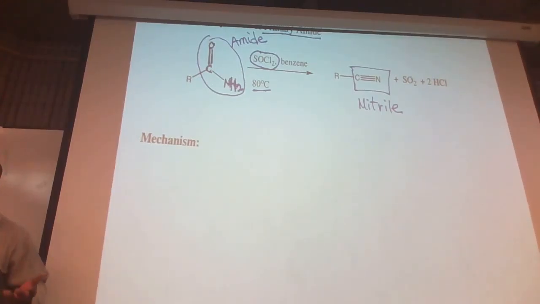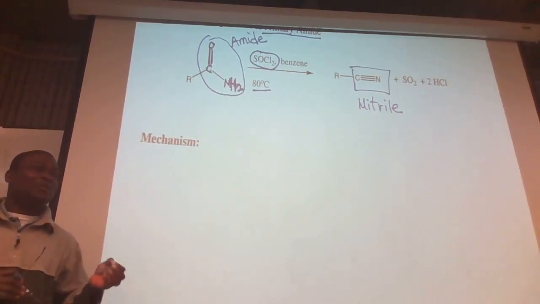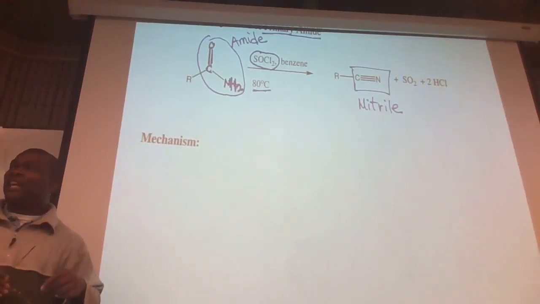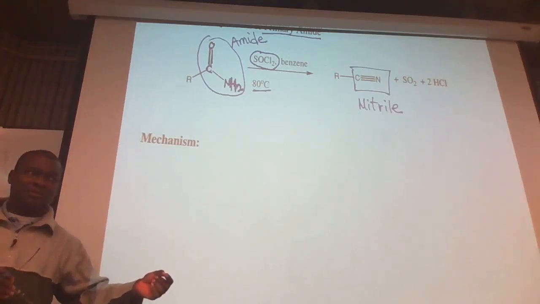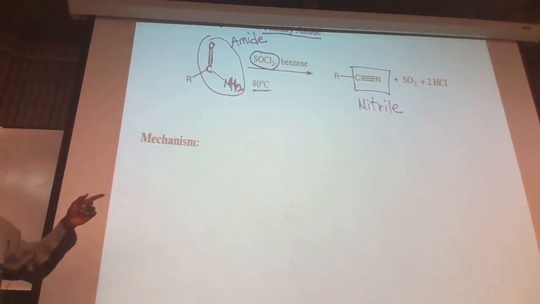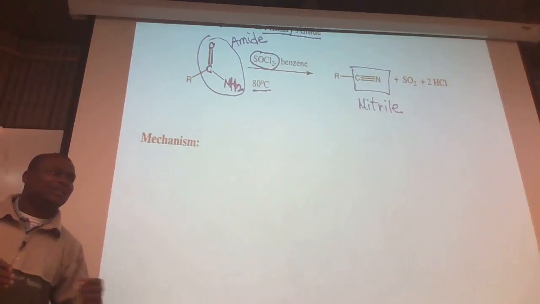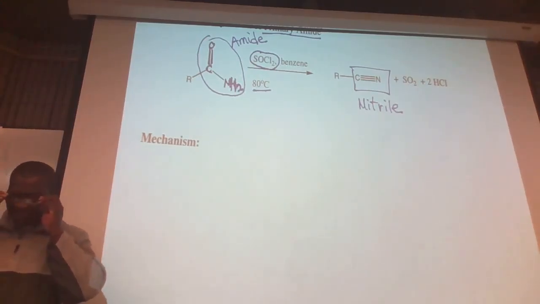You know that thionyl chloride is a chlorinating reagent, right? So if you treat it with an alcohol, you convert that alcohol functional group to chlorides. But if you treat it with an amide, it acts as a dehydrating reagent. And how does that work?